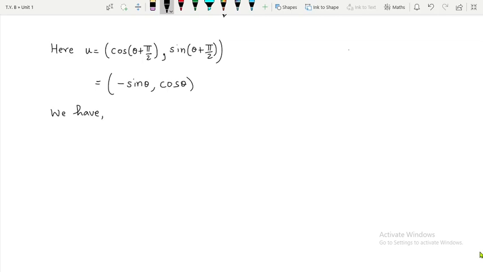Our reflection map T from R2 to R2, that is what we have to find, is given by T(x, y) equal to the matrix times (x, y).